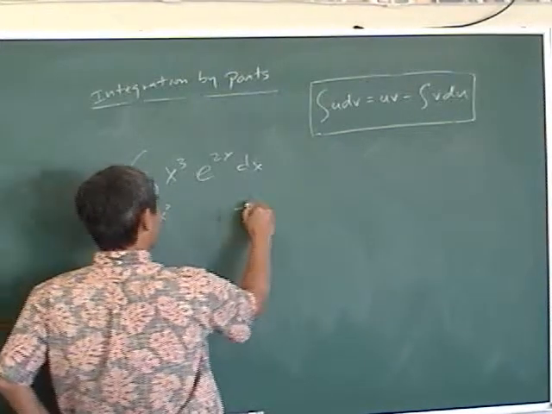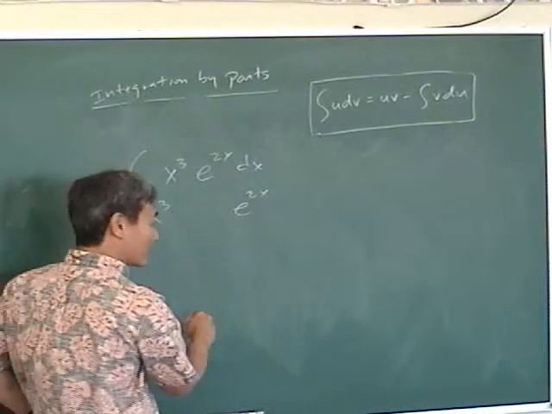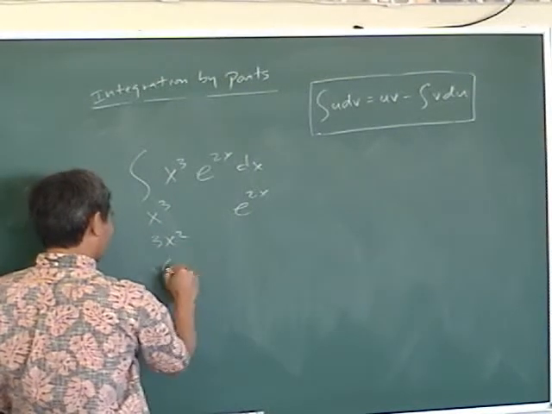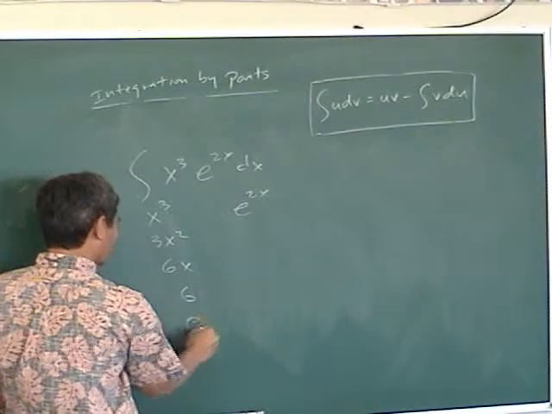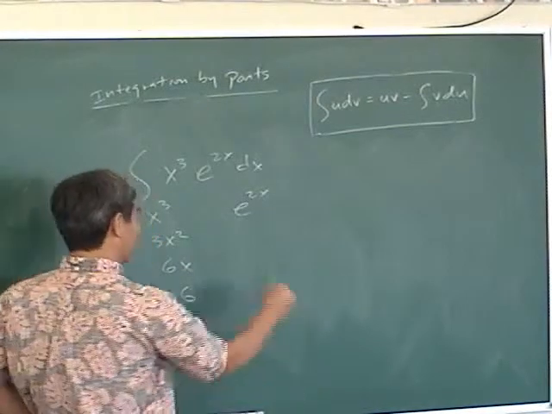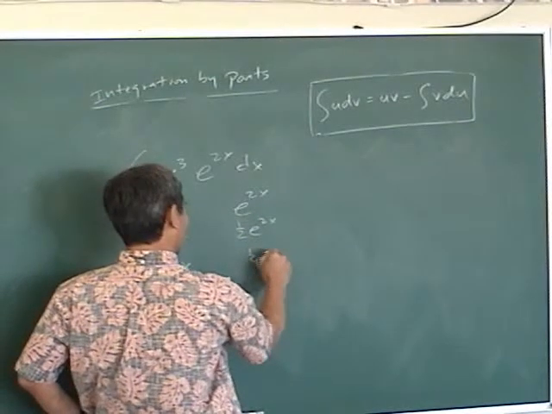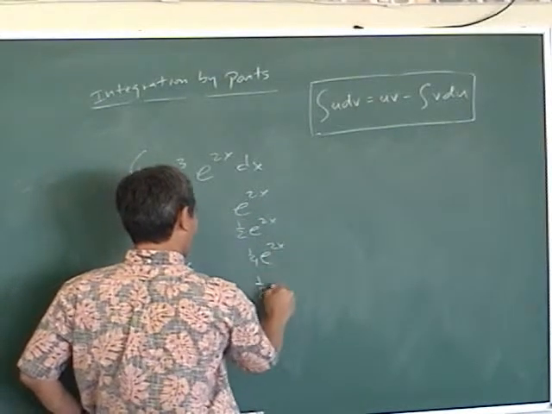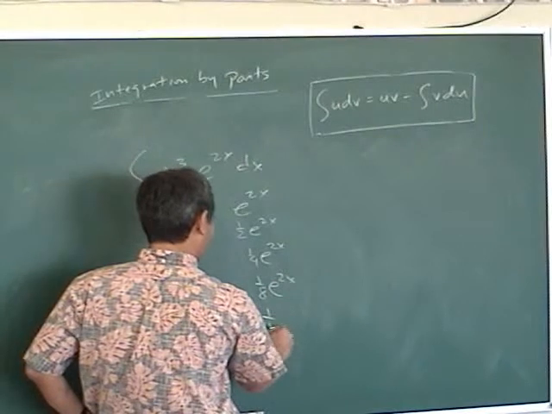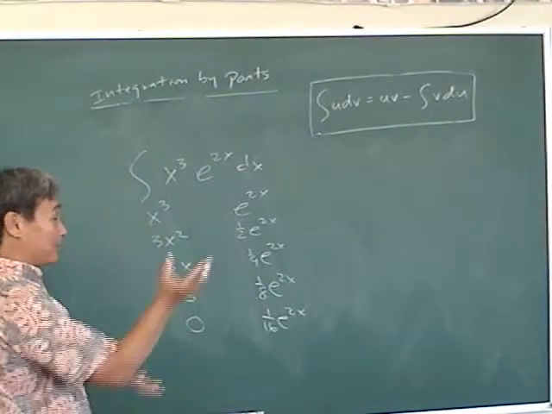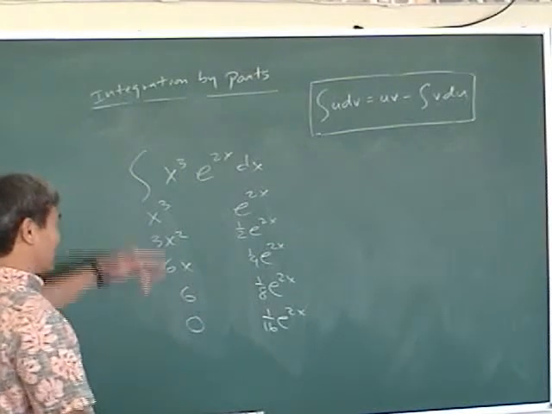So this column, you keep on taking derivatives till you hit 0. Go. This side, you do antiderivatives. See, if you cannot keep your derivatives and antiderivatives straight, it's a hard time, yeah?